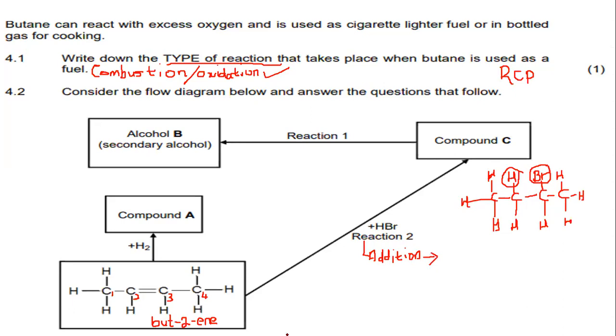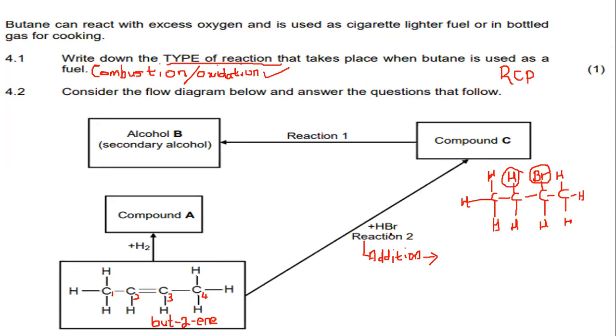Furthermore, we can ask you, what type of addition reaction is this one? So I've already figured out the type of reaction is addition. But now I am trying to figure out the type of addition. In other words, how have I added? Or what have I added? And I can see that I added the hydrogen there.